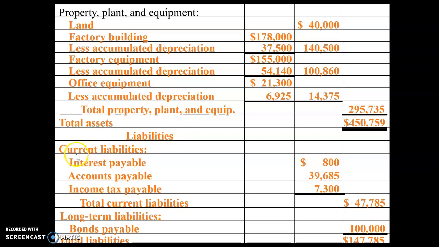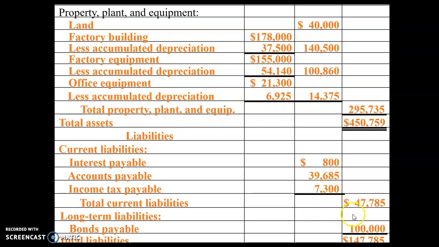Then I show my liabilities. That's broken down into two classifications. Current liabilities is everything we owe out within the next 1 year. And long-term liabilities are things that we owe out that's going to take us more than a year to pay them off. So here's interest payable, accounts payable, income tax payable. These are all due within the next 1 year or less.